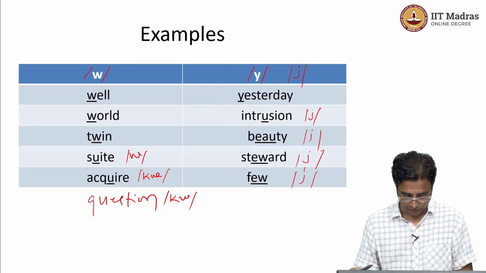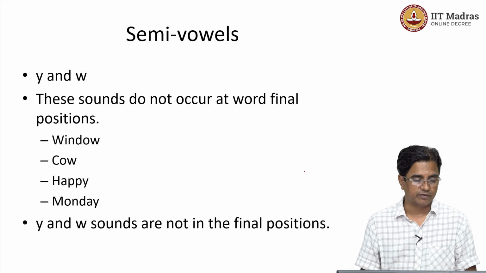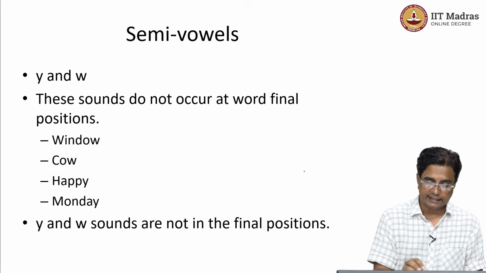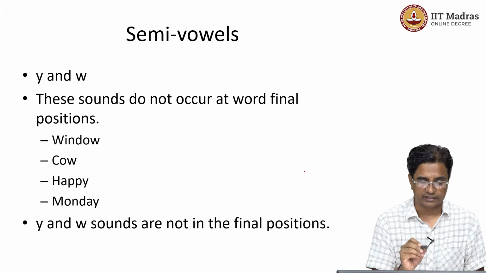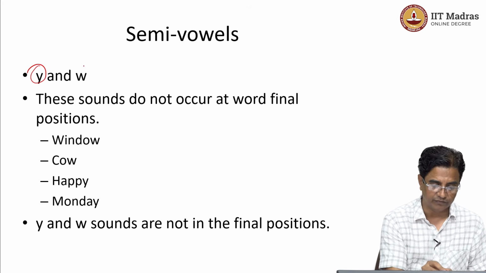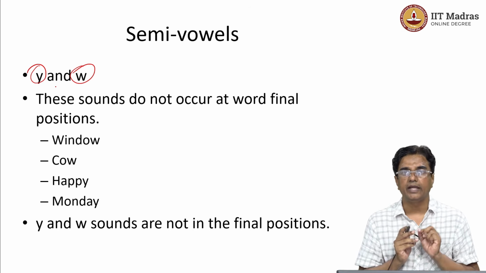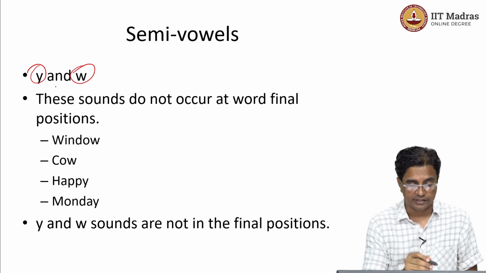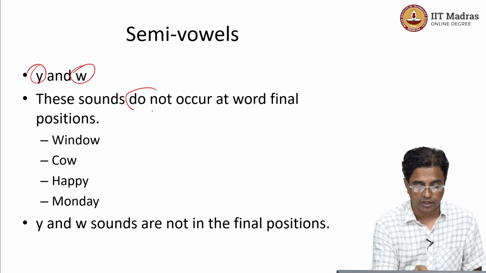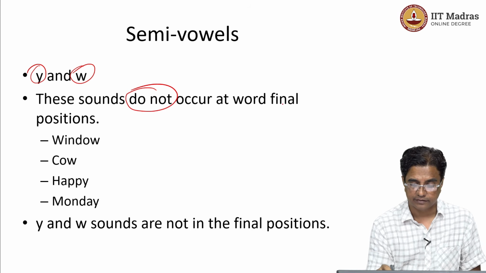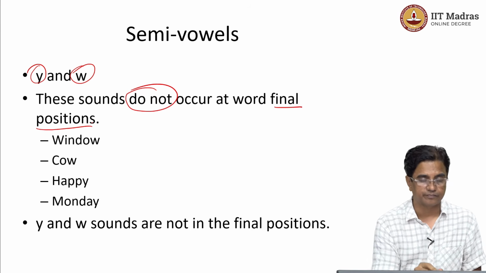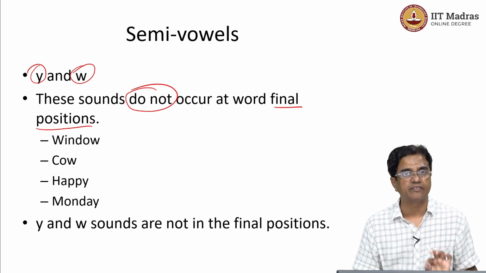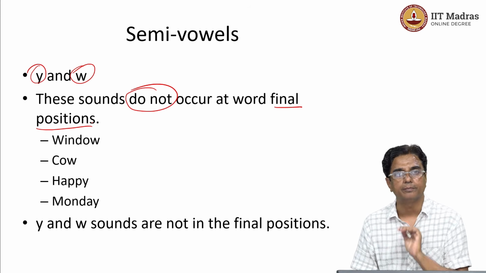Another important point about semi-vowels, that is ya and wa, is that they may occur in a word, but they do not occur at the final position. That is, these sounds will never come at the word-final position.